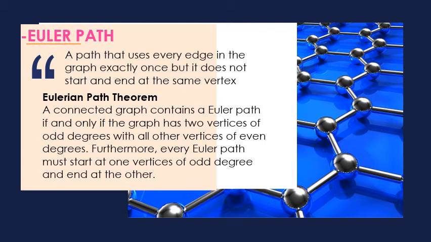Based on the Euler path theorem, dapat may duha ka vertices nga odd degree, then ang tanan dayon nga vertices is even ang degree. Then, it should start sa isa ka odd degree nga vertex, then ma-end siya sa isa naman ka odd degree.